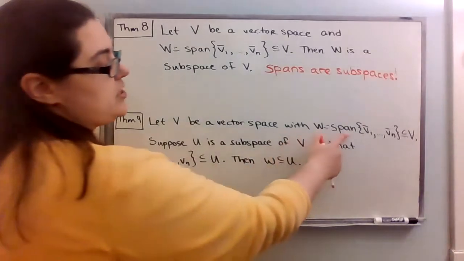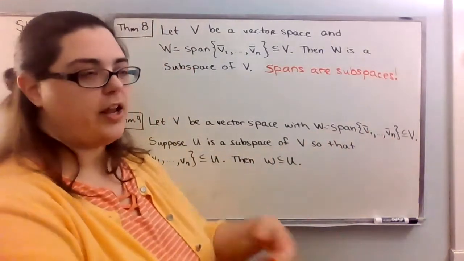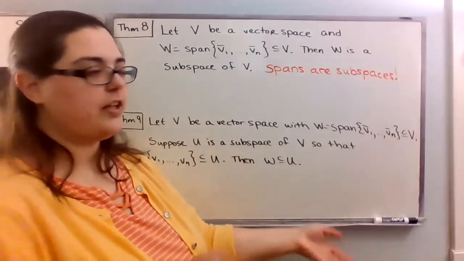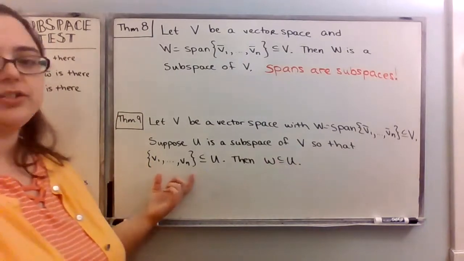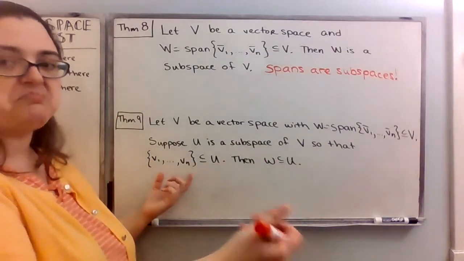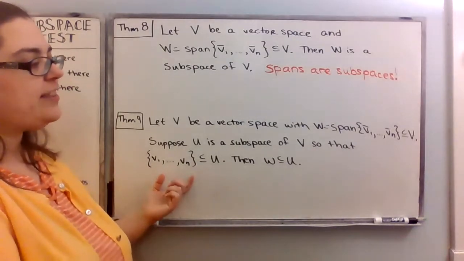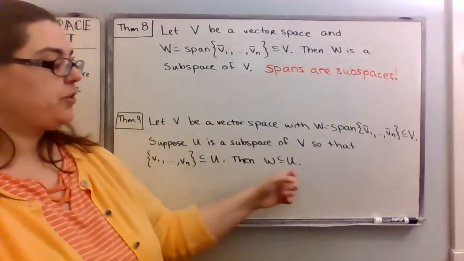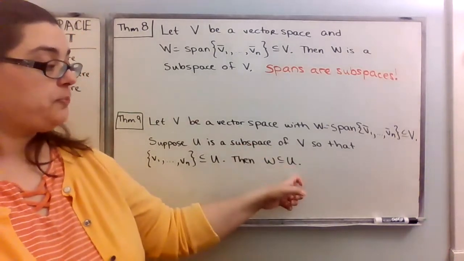W is the span of this collection of vectors, so I give you some vectors and you make all the linear combinations out of them. That's W. What this is saying is if all I give you is those vectors to start out with, not the linear combinations, then that whole span is going to be a subset of that subspace U.